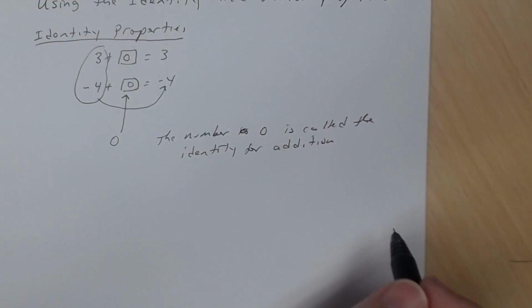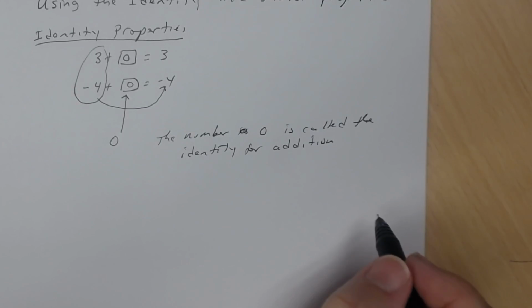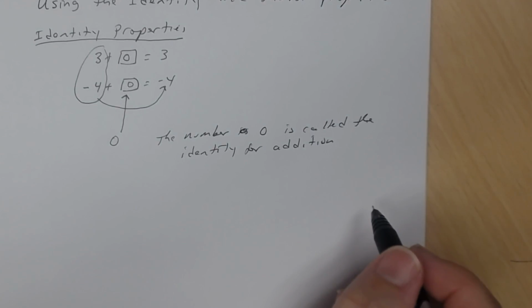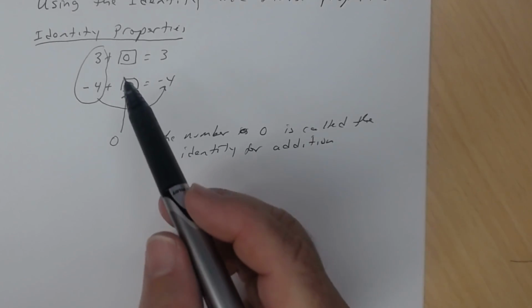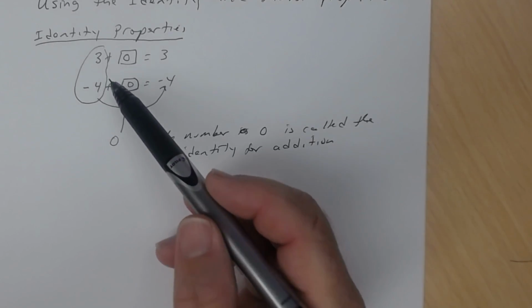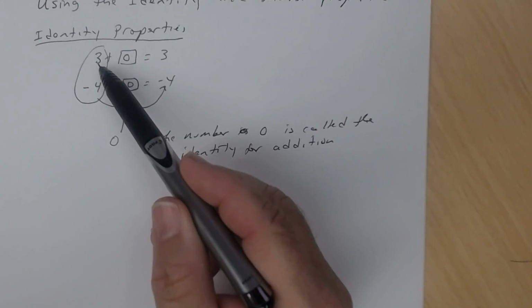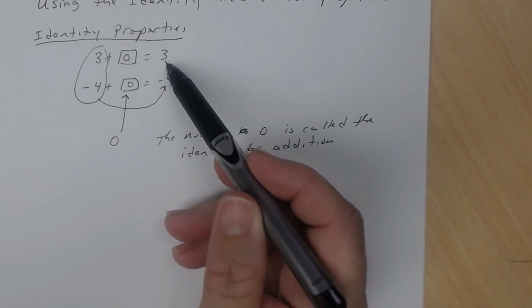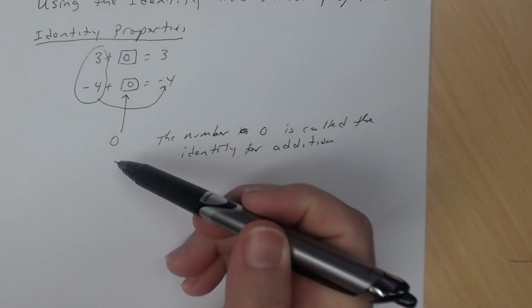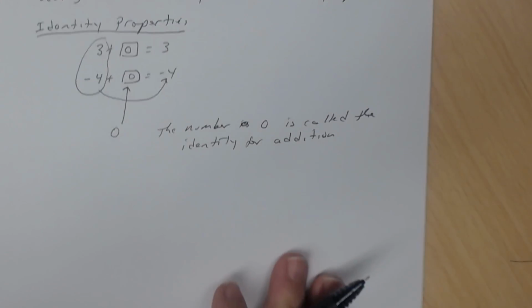All right, so the number 0 is called the identity for addition. So basically the reason is because when you add 0 to any real number, you get that same number back. Okay? Now let's look at this.